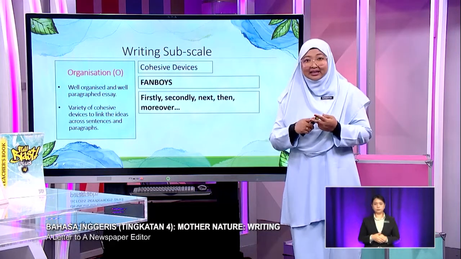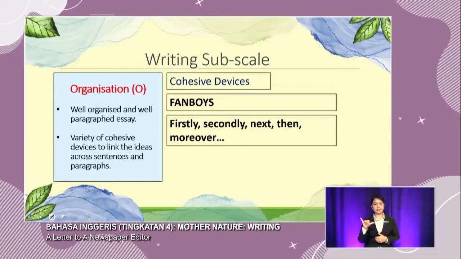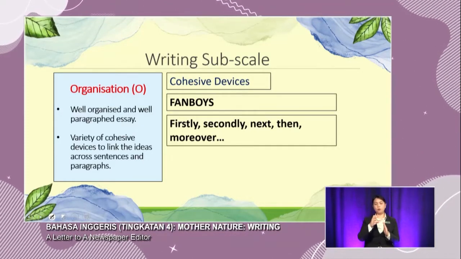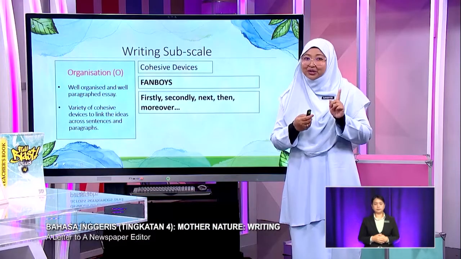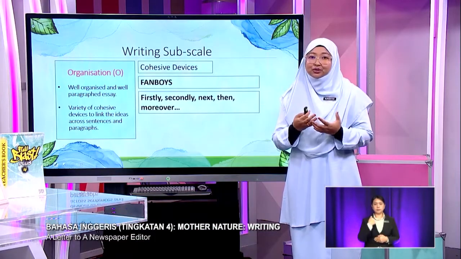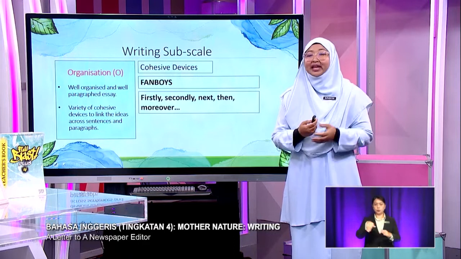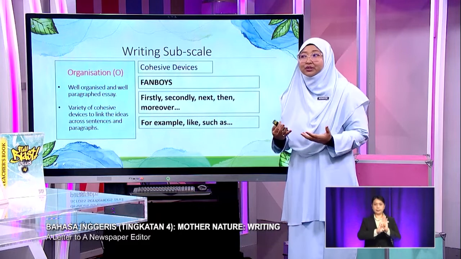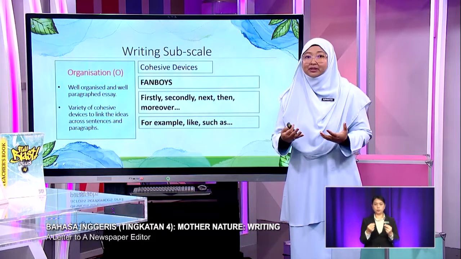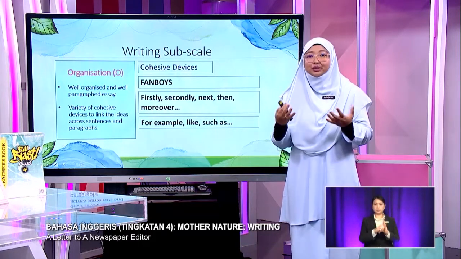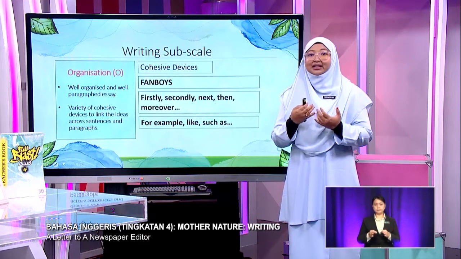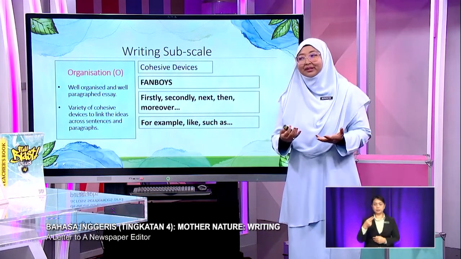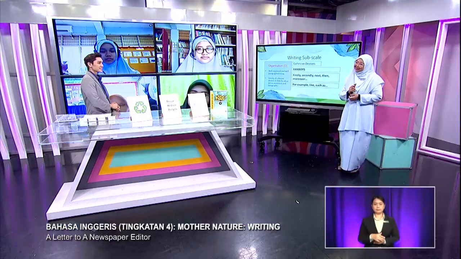Firstly, secondly, next, then, moreover, all these we call sequence connectors. Make sure that we use all these in our essay. And last but not least, for example. When we want to give examples or describe something, we can use for example, like, such as, and many more. To illustrate? Yes, to illustrate, good one.